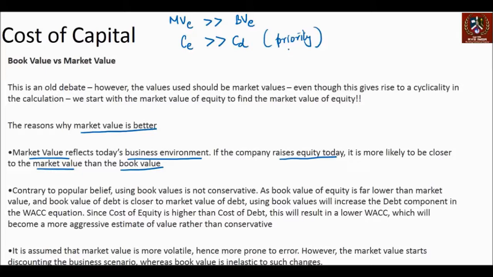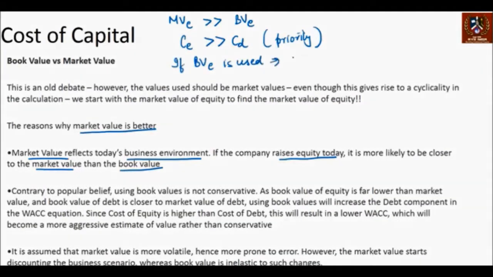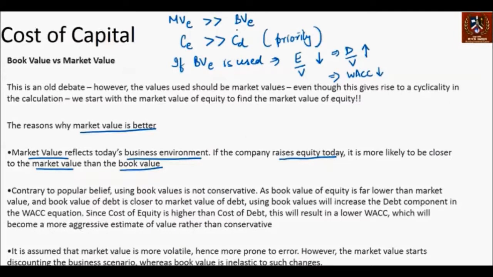And essentially because of these reasons, if book values are used, then equity by value goes down. Consequently, debt by value goes up because value is the sum of these two. Consequently, what it means is that overall WACC goes down because cost of debt is smaller and the weight of debt is becoming higher, right?